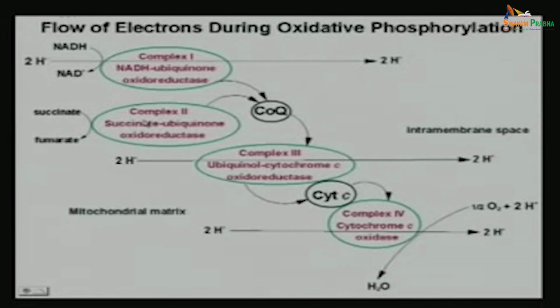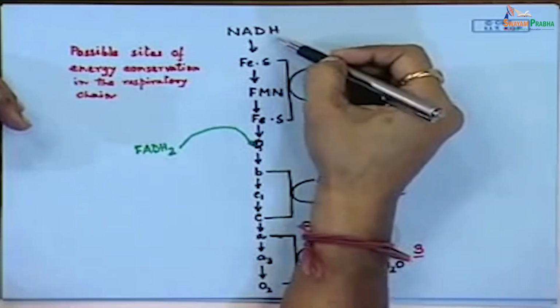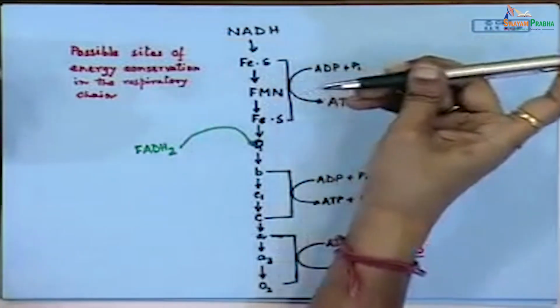Now, if we sum up what we have learned, I have already told you that 1 molecule of NADH is equivalent to 3 molecules of ATP.